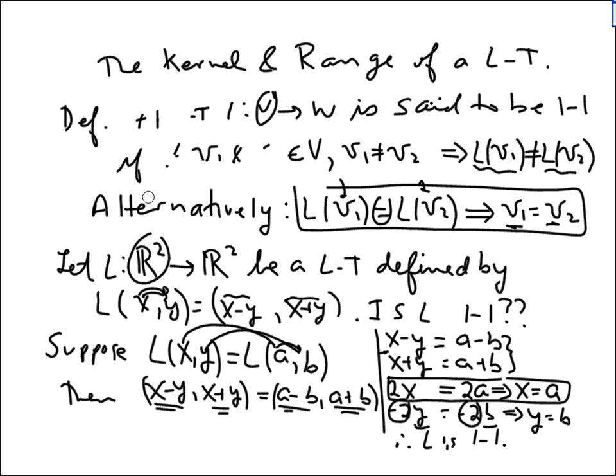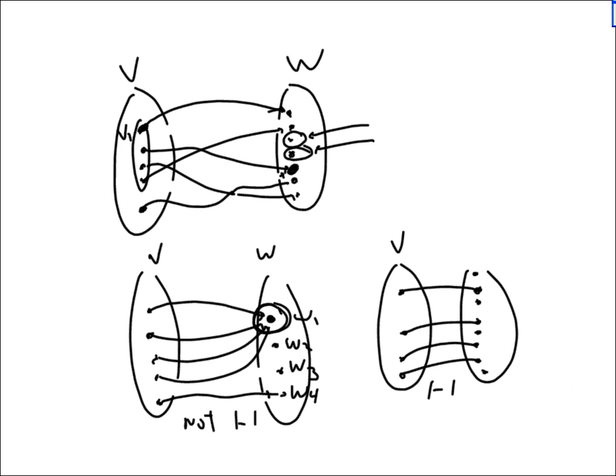Let's put down another linear transformation and decide if it is one-to-one. Now, just for the record, if it's not one-to-one, what you can do is say, look, L of (3, 2) is equal to L of (5, 2), but (5, 2) does not equal (3, 2).